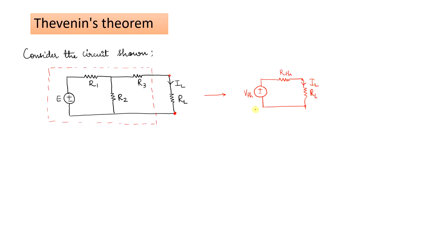To compute the load current IL, we apply KVL to the circuit. So IL is equal to V Thevenin divided by R Thevenin plus RL.